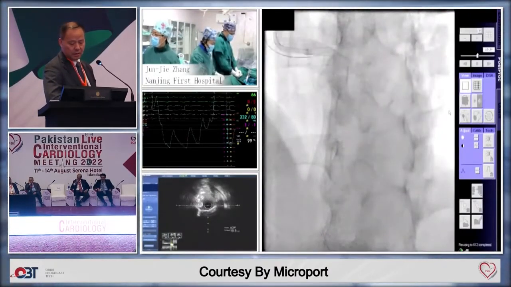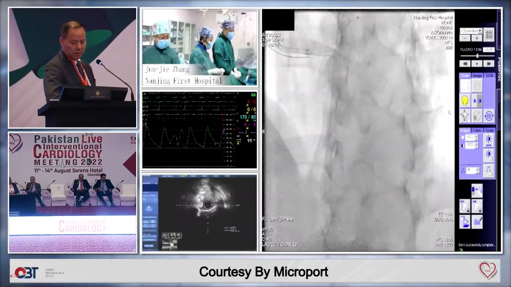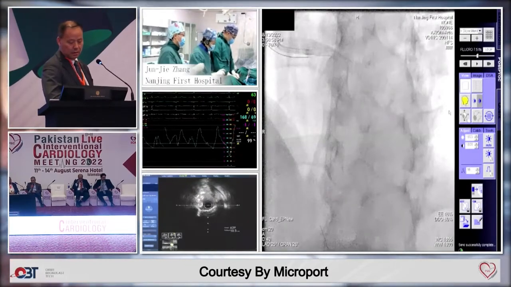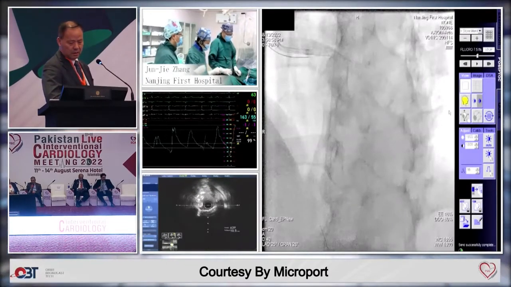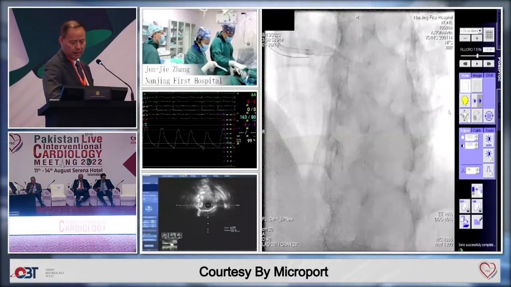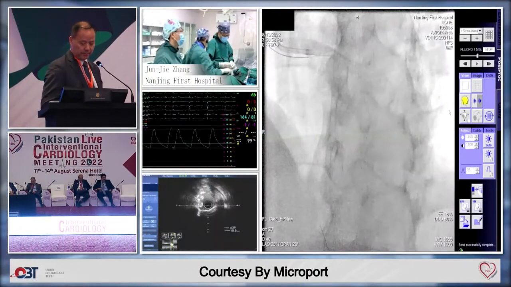I inflate the stent at 12 atmospheres, and then I pull back and do the post dilation with the stent balloon to 18 atmospheres. Then I will still use a 4.0 NC balloon to do the post dilation before I rewire the circumflex. Okay, so the circumflex wire is still in position.